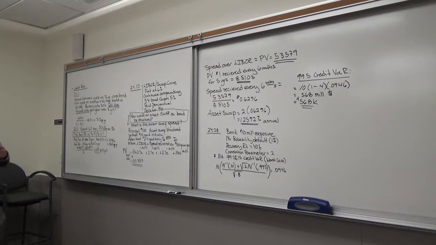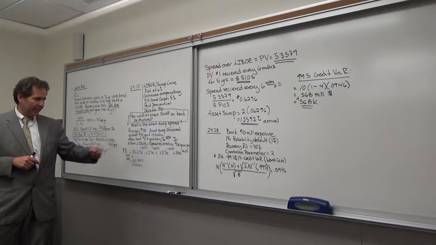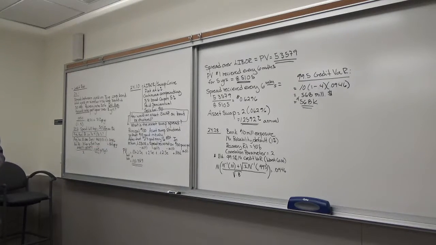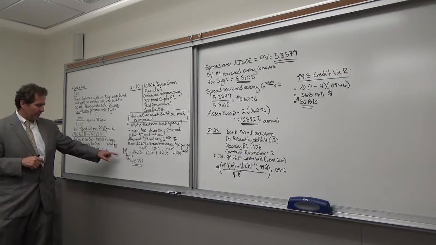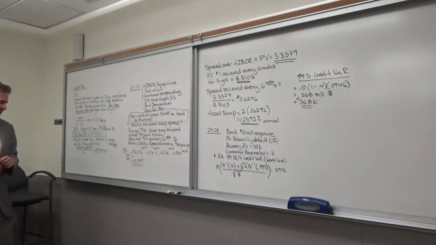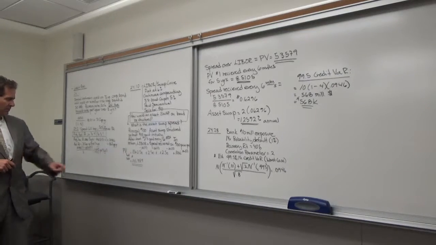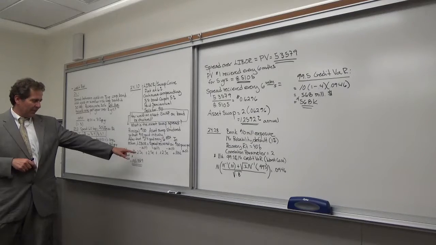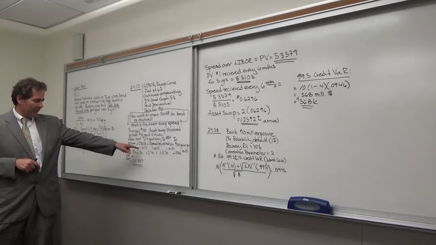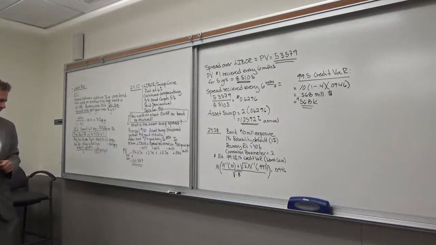In return, you're going to get LIBOR plus some spread, which is going to be received on the $100 principal that you used for the swap contract. So to get the present value of the fixed payments, you're going to take the $10 plus the $2.50 times e to the negative 0.06 times 0.5.